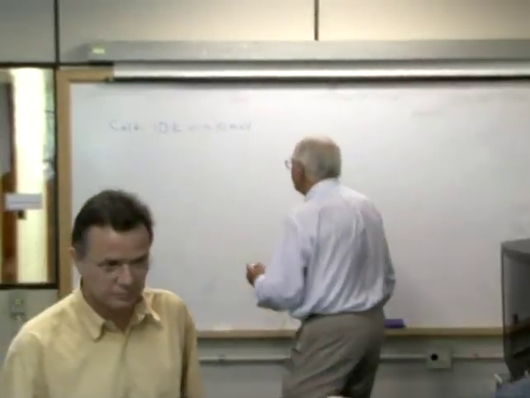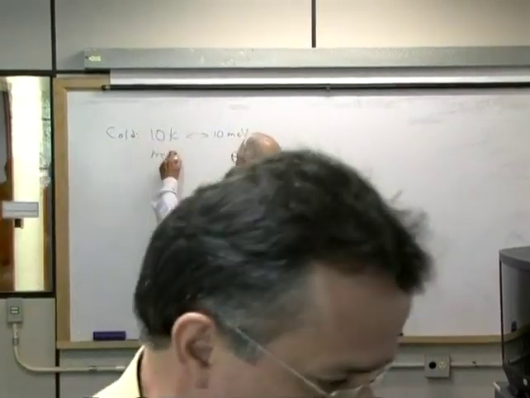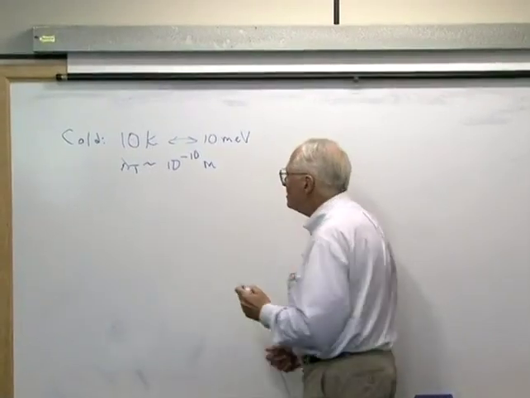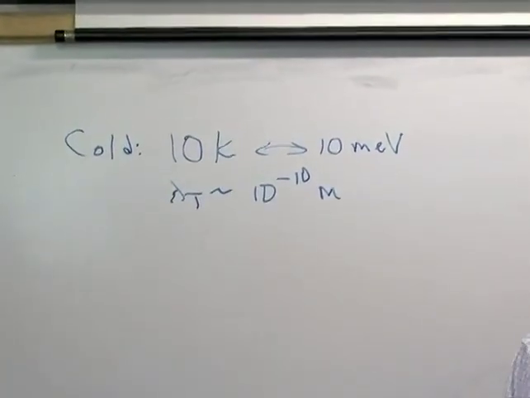And the de Broglie wavelength, lambda thermal, is about 10 to the minus 10 meters.